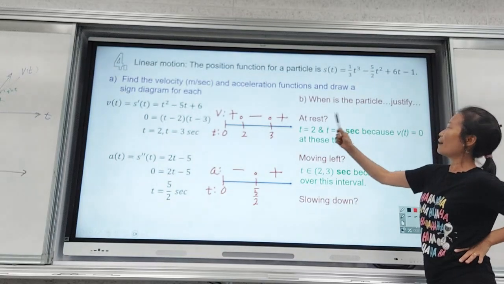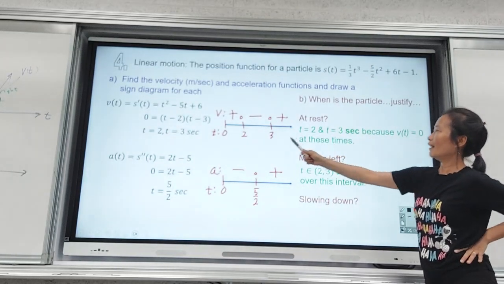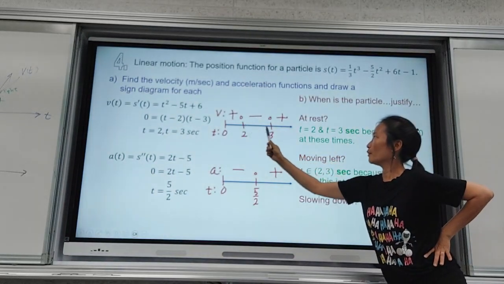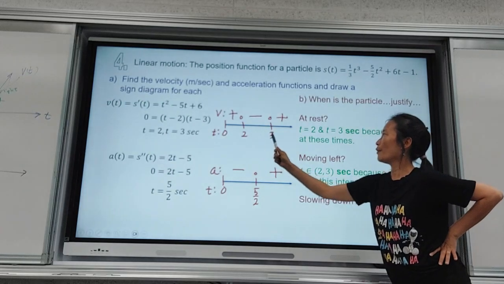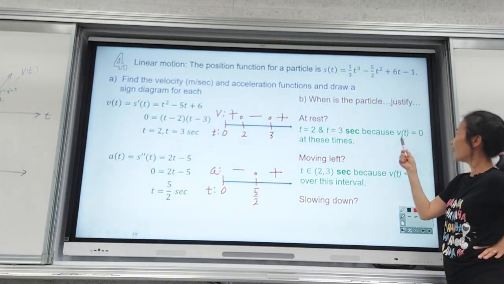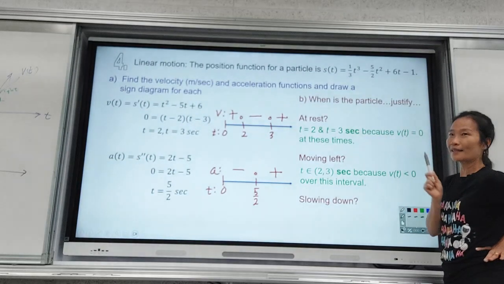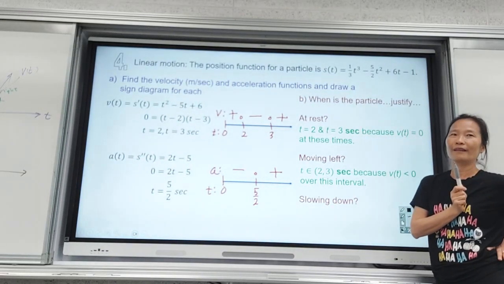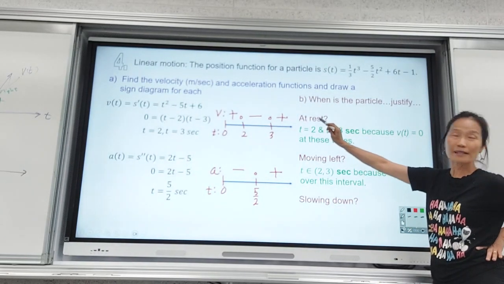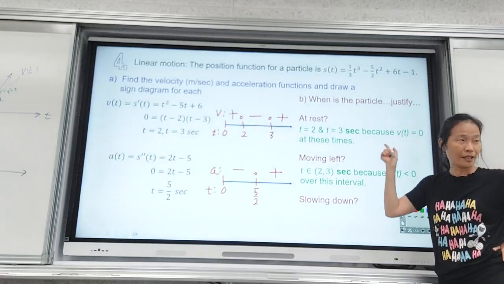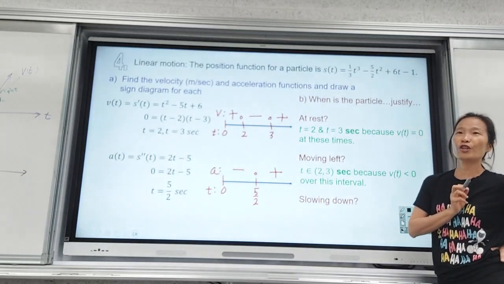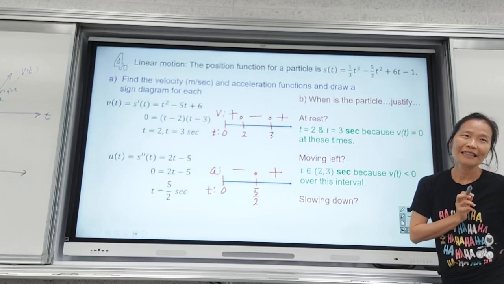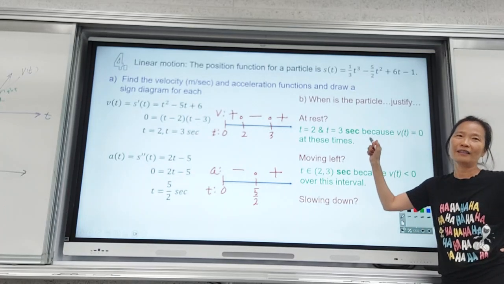When is the particle at rest? It's when v equals 0. So t equals 2 and 3 seconds because velocity is 0. Okay, because they only ask when it is at rest, that is good enough. If they say when is the particle changing direction, then you will have to say what?